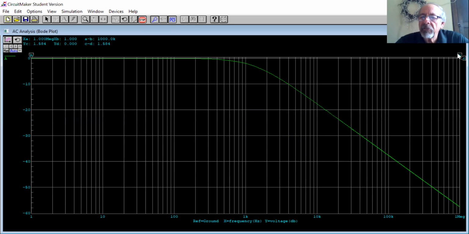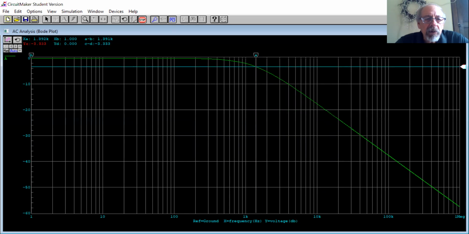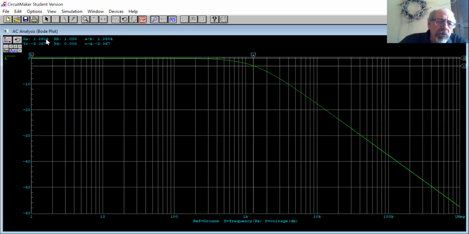The other thing I can do real fast is go over here and move C down, and when C is about 3, which I can't quite get it on, A is right about here, and that happens at about, let's see, 1.28 kilohertz, it looks like.